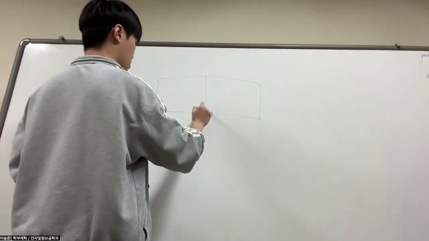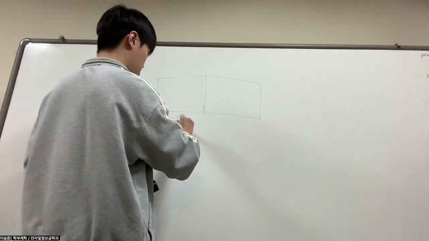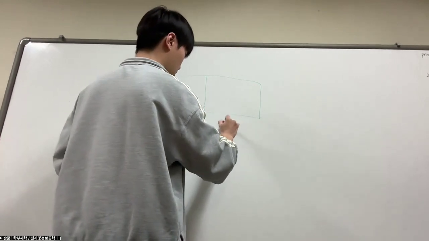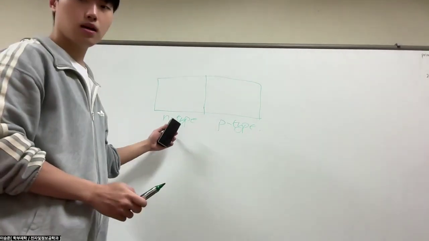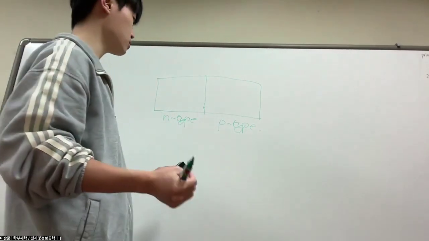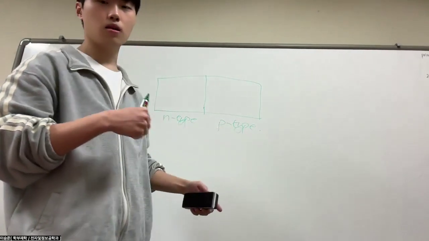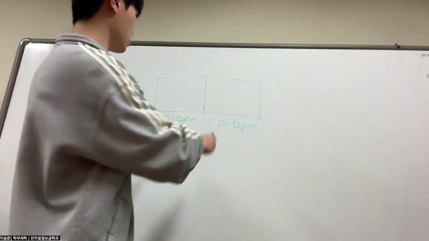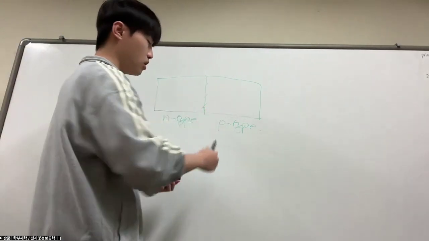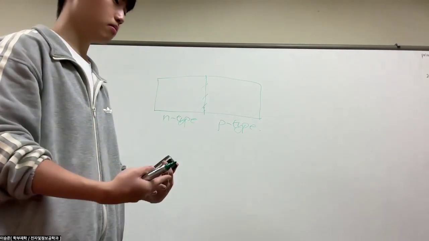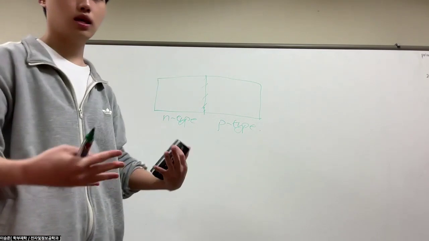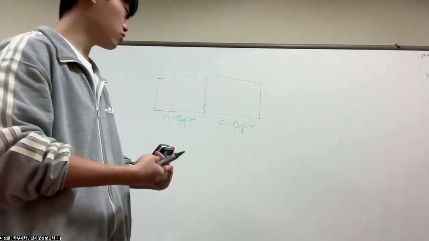This is the N-type, and this is the P-type. N-type has lots of electrons, and P-type has a lot of holes. And in the junction part, the electrons and the holes recombine together, so they go neutral.